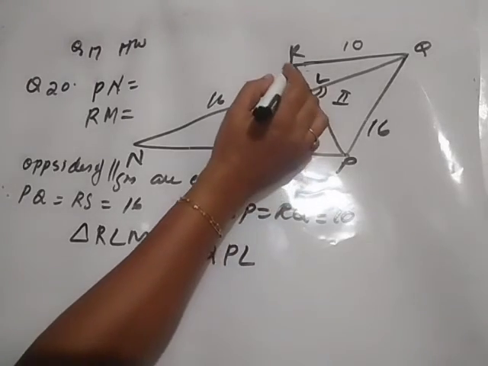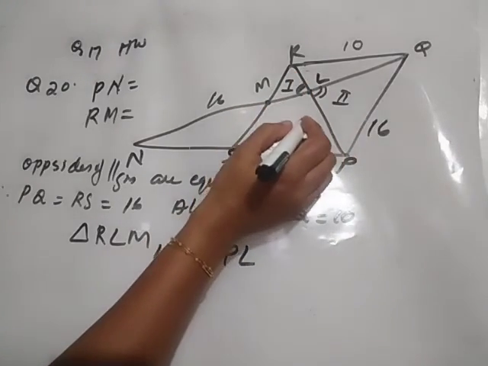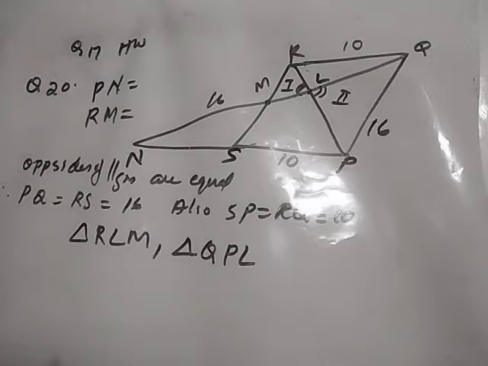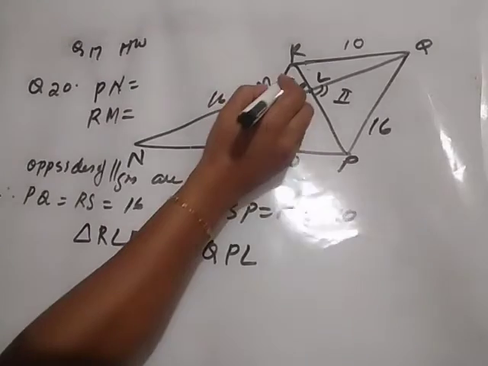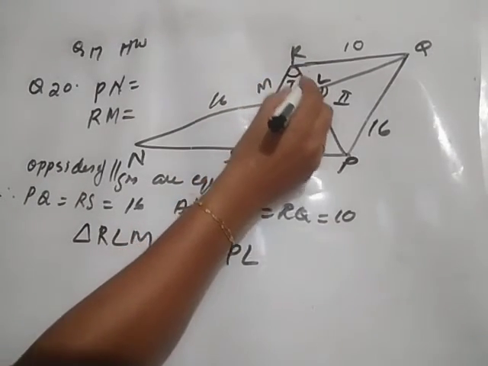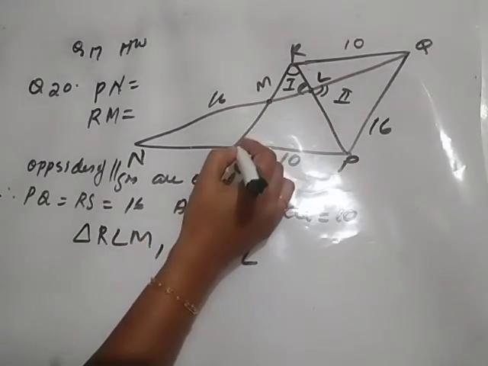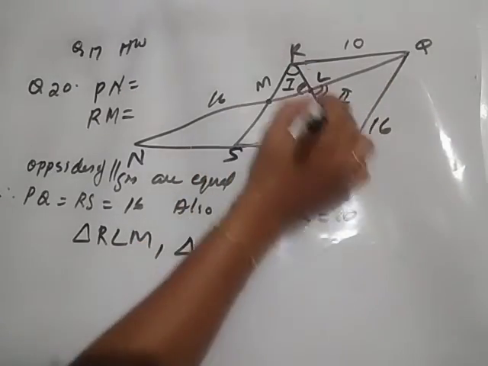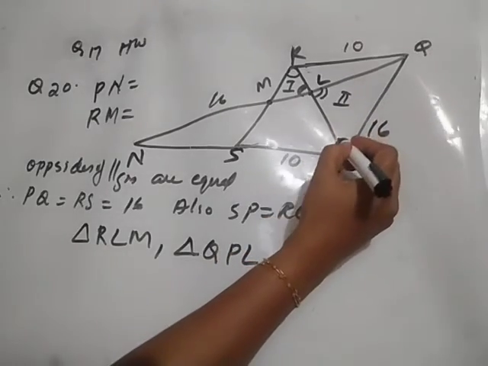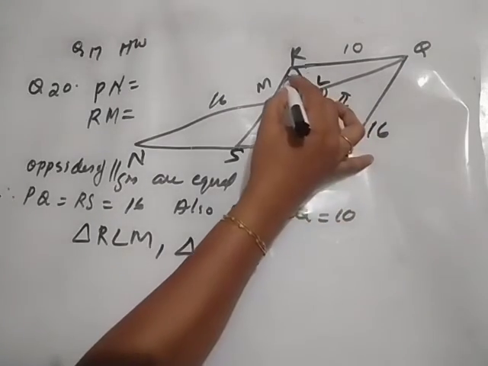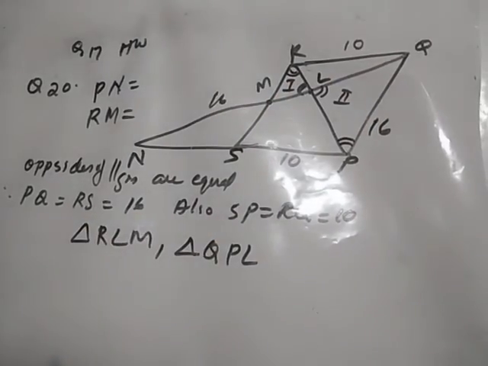And also these two, parallelogram means opposite sides are parallel and equal. So we can write this angle, angle R is made by this parallel line and the transversal. And what about this parallel line and transversal? Yes, these two angles are alternate, so they are equal.